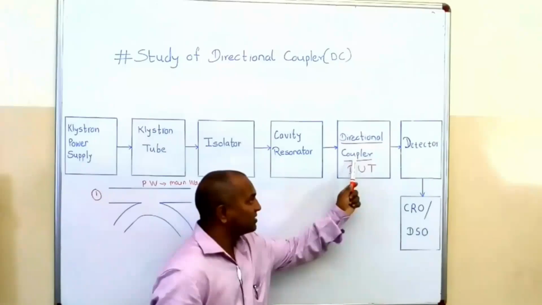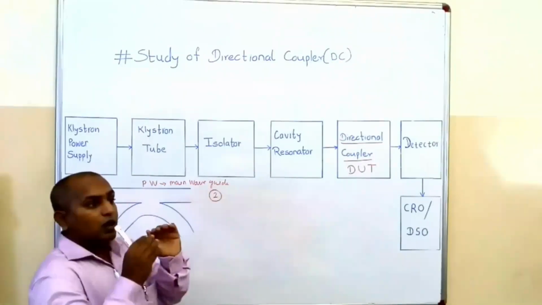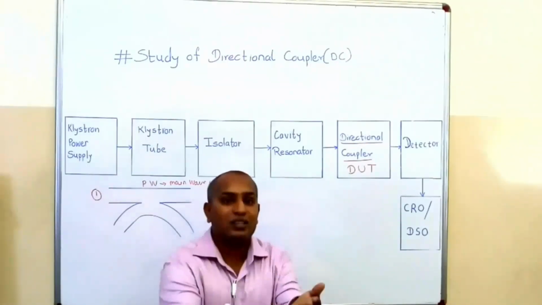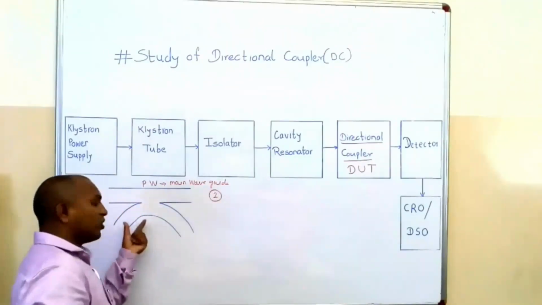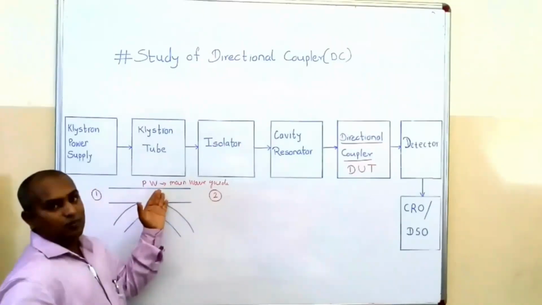Directional coupler means that your primary waveguide couples some amount of power into another waveguide. That's why we are using another waveguide, the secondary waveguide, in a directional coupler.